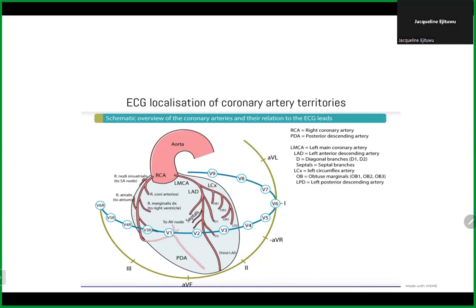V7 to V9 are the posterior leads, while the right-sided leads are used in instances where we are suspecting right ventricular infarction. So this is showing us the relationship between the vessels and the ECG leads. Next slide, please.